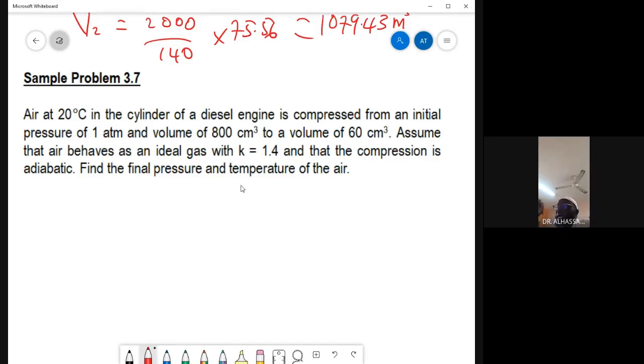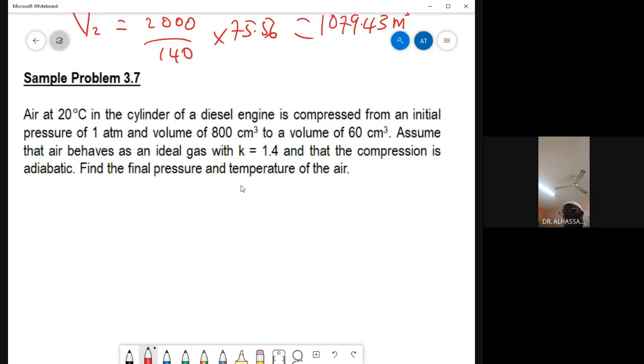It is compressed from an initial pressure of 1 atmospheric pressure, 1 atm, and volume of 800 centimeter cube, to a volume of 60 centimeter cube. All right, so then assume that the air behaves as an ideal gas with K equals 1.4 and that the compression is adiabatic. Find the final pressure and temperature of the air.